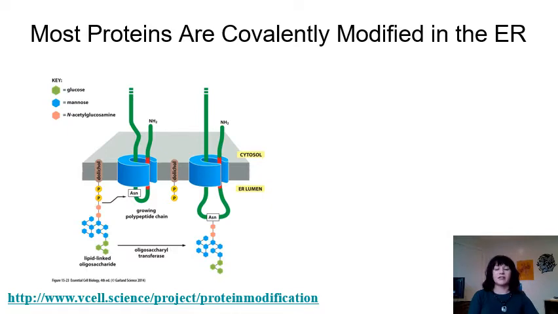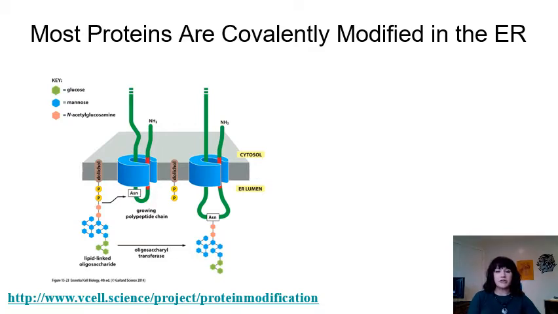As they are being synthesized, they are inserted immediately into the endoplasmic reticulum. They then bud off of the ER as a vesicle and travel to the Golgi and so forth.